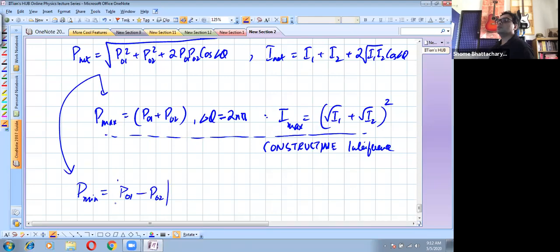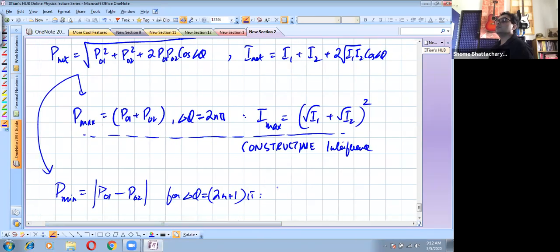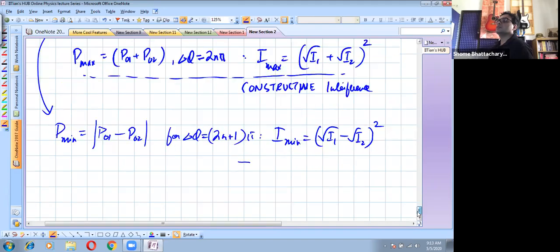And this happens for delta phi equal to an odd multiple of pi. This now corresponds to the intensity formula of I minimum, which is root I1 minus root I2, squared. This is the condition for destructive interference.